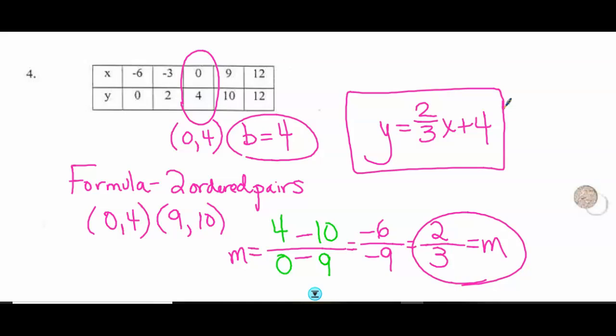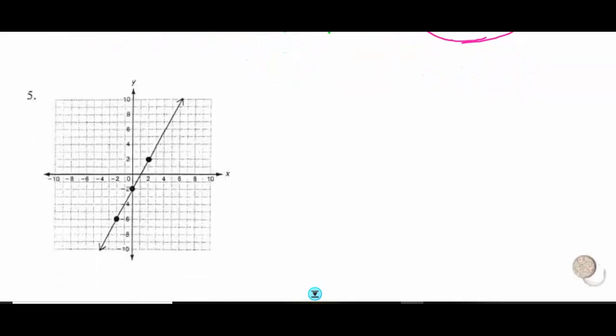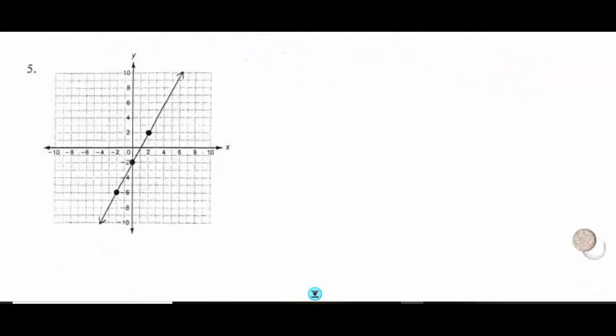Okay? And we have one more here to look at. Remember, we need a slope, we need a y-intercept. And this one's a graph. So, the first thing I say, do I know the slope? I don't, but I can use the counting method. So I can pick this point and this point, and I use my counting method.